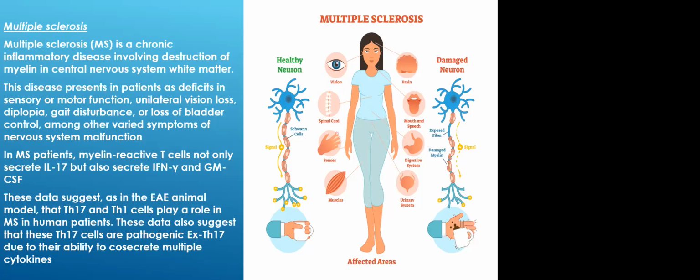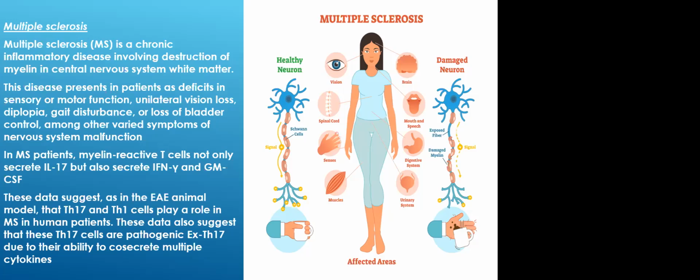So multiple sclerosis is a chronic inflammatory disease involving destruction of myelin in the central nervous system, the white matter. That's what we know, right? Because you have the Th1 and Th17 overactive, destroying and recruiting all those white blood cells, where the cytotoxic T cells and neutrophils are destroying the myelin sheaths. This disease presents in patients as a deficit in both sensory and motor function, right? Myelin sheath, especially those fast conductive neurons.